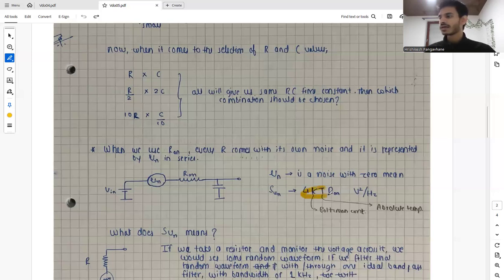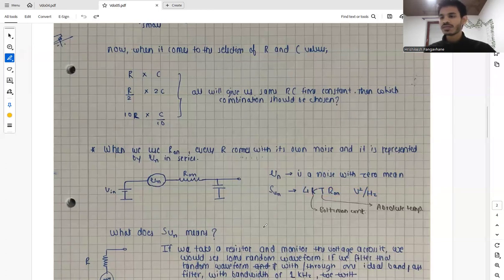Talking about the spectral density, K is the Boltzmann constant, and T is the absolute temperature in Kelvin, which is 300 Kelvin at room temperature. And this is our R on. The spectral density is given in terms of voltage squared per hertz.